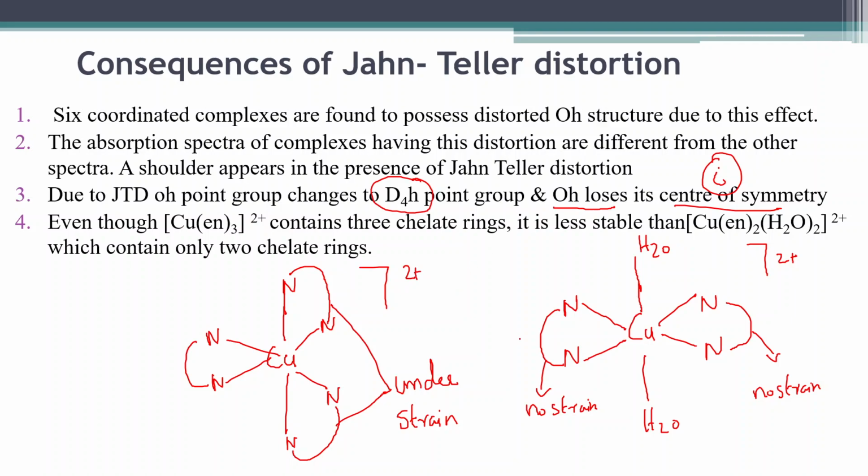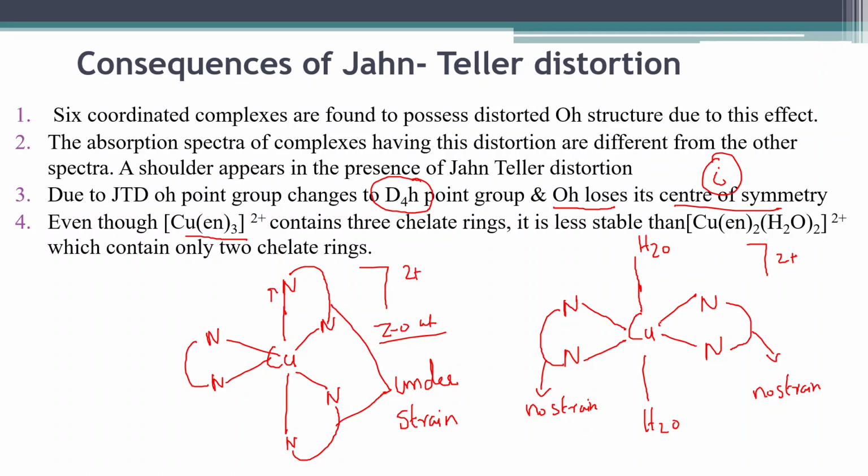You can understand from the figure. This is the figure for Cu(en)3 2+, and this is Cu(en)2(H2O)2 2+. We can see that because of the z-out distortion, these rings are under tremendous strain, and because of the strain imposed by Jahn-Teller distortion, especially the z-out distortion, this complex will be unstable.